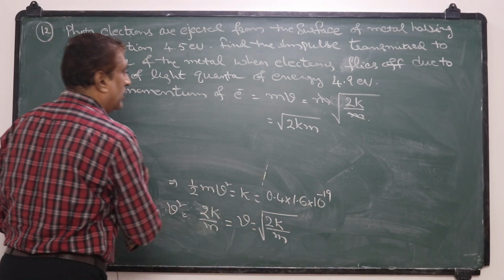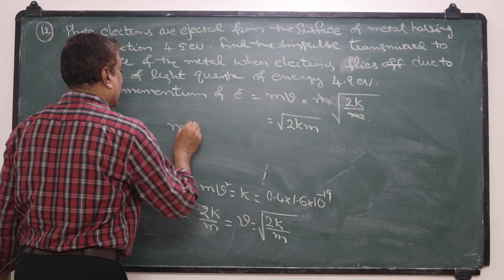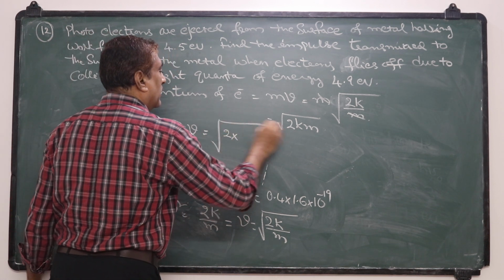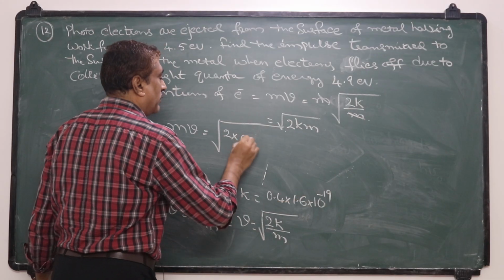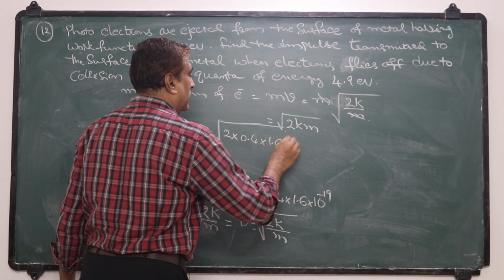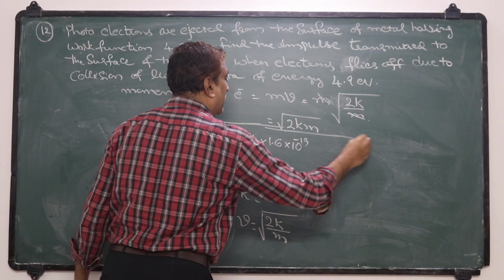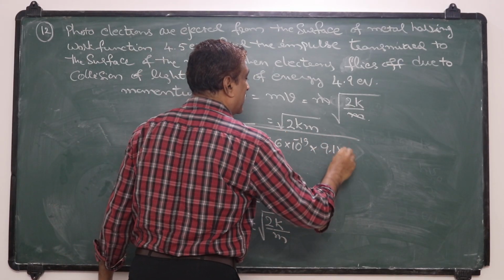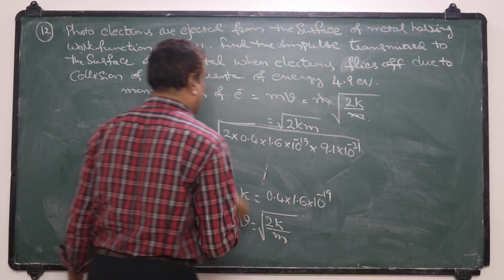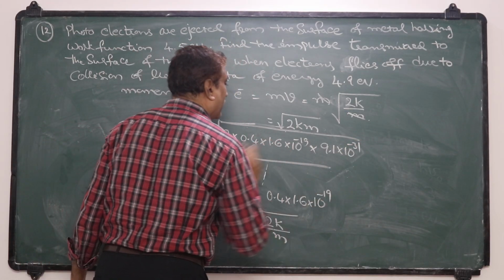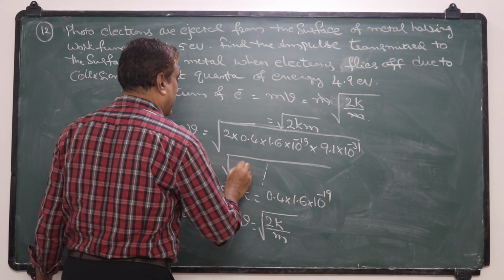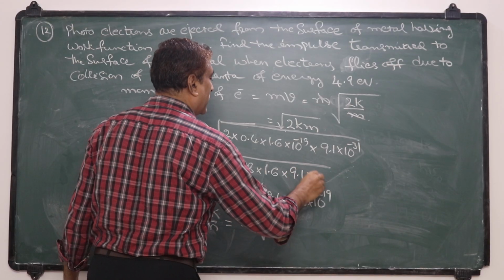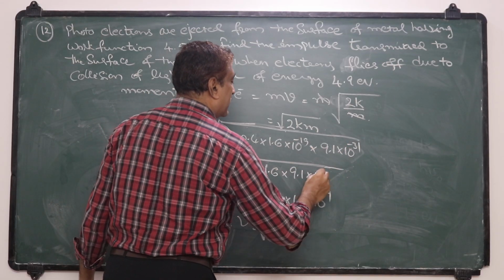Substituting, the momentum is the square root of 2 into 0.4 × 1.6 × 10⁻¹⁹ into 9.1 × 10⁻³¹, which is 0.8 × 1.6 × 9.1 × 10⁻⁵⁰.